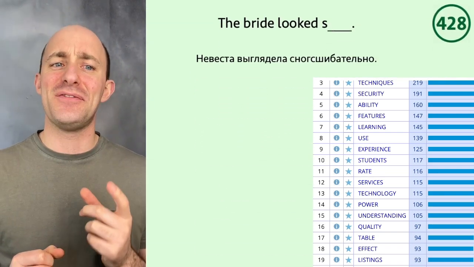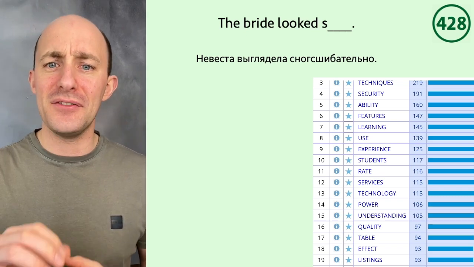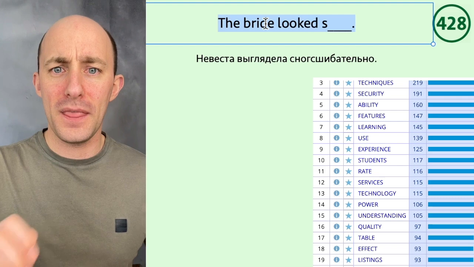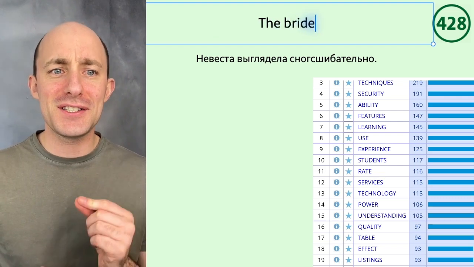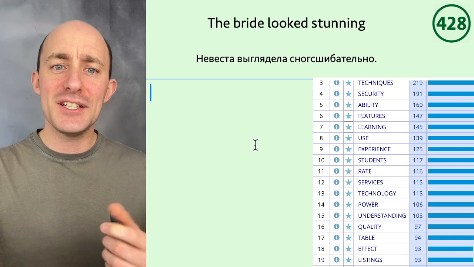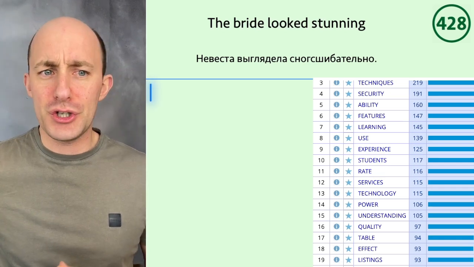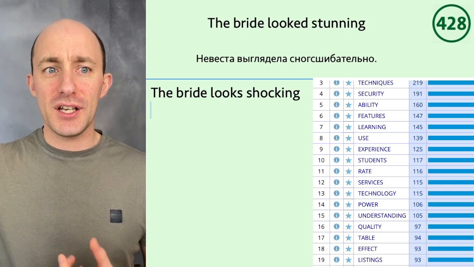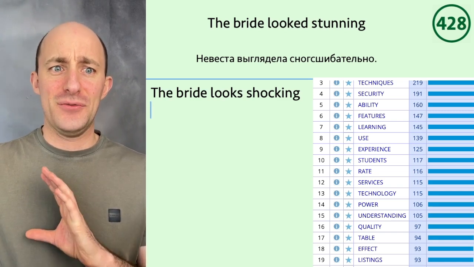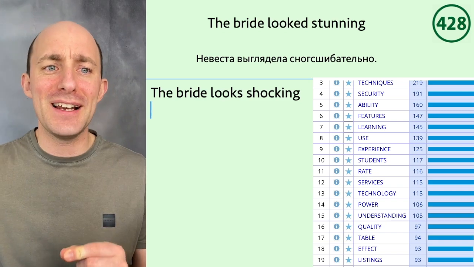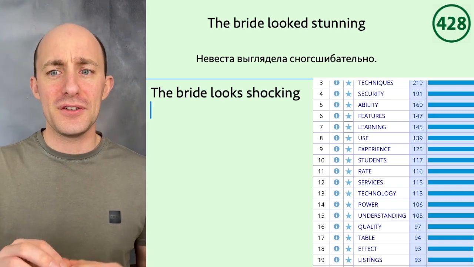stunning is very good. Невеста выглядела сногсшибательно. The bride looked stunning. It's interesting. The bride looked shocking means она выглядела ужасно. So shocking means really bad, but stunning means really, really good, really beautiful.